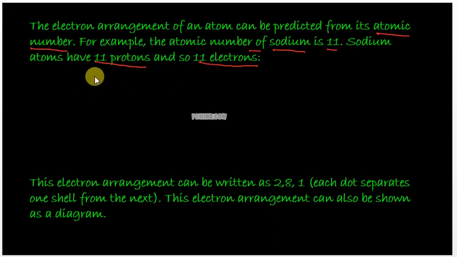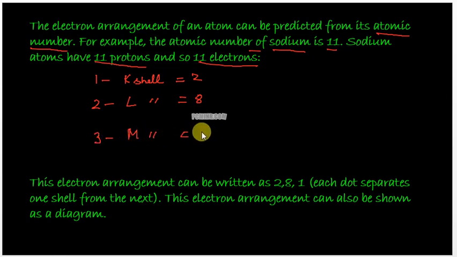In the first shell, which we generally call the K shell, the number of electrons would be 2. Then in the second shell, the L shell, the number of electrons is going to be 8. So 2 and 8, 10 are gone. Just 1 electron is left, and that will go to the third shell, which we call the M shell.